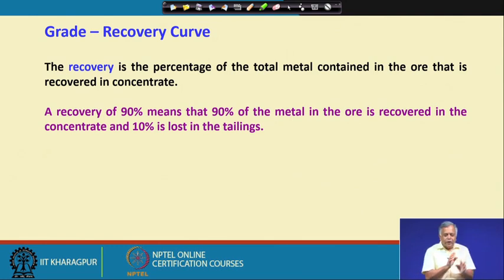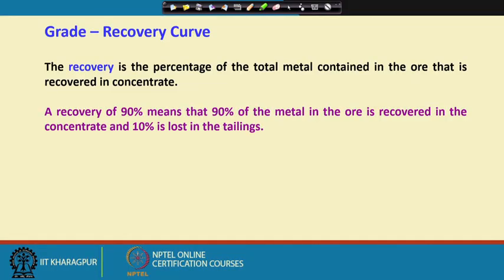A recovery of 90% means that 90% of the metal in the ore is recovered in the concentrate. Therefore, there will be 10% loss in the tailings. Many times it is misunderstood that we have to target only high recovery.